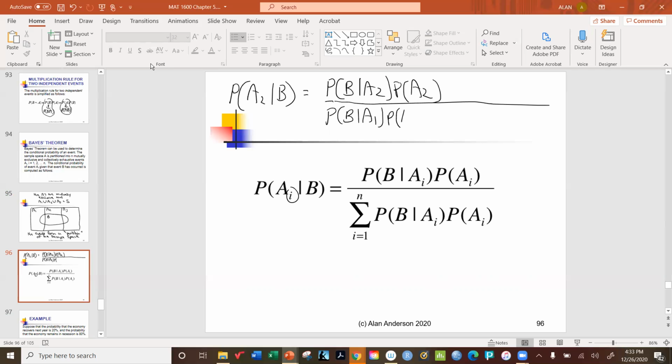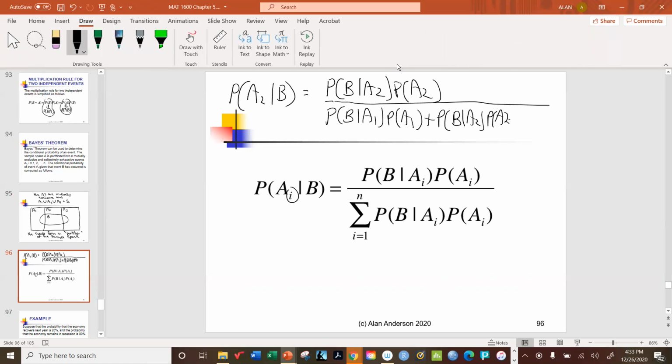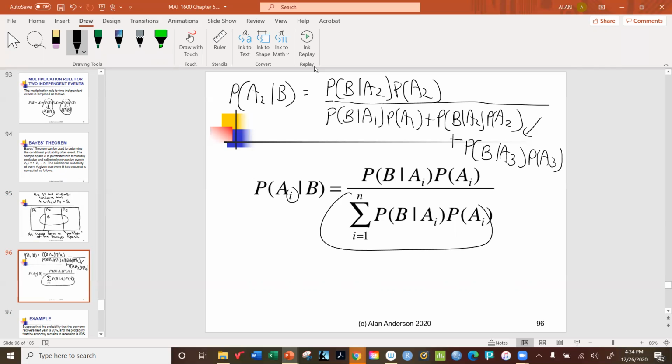B, given that A1 is true, probability B, given that A2 is true. And I see I'm running very desperately low on space. So this belongs in the bottom too. Okay, so in other words, that denominator is this, and this adds up.